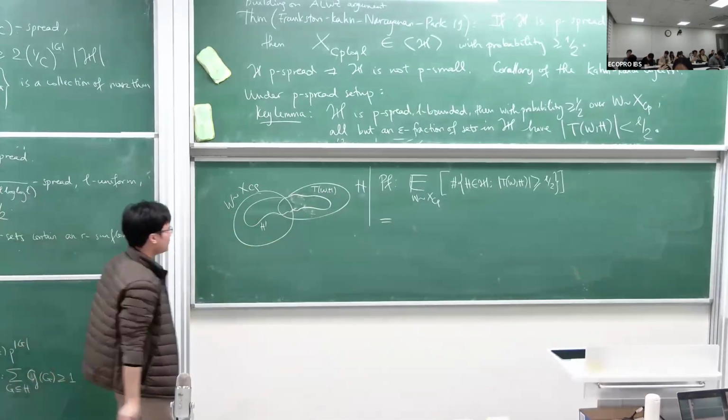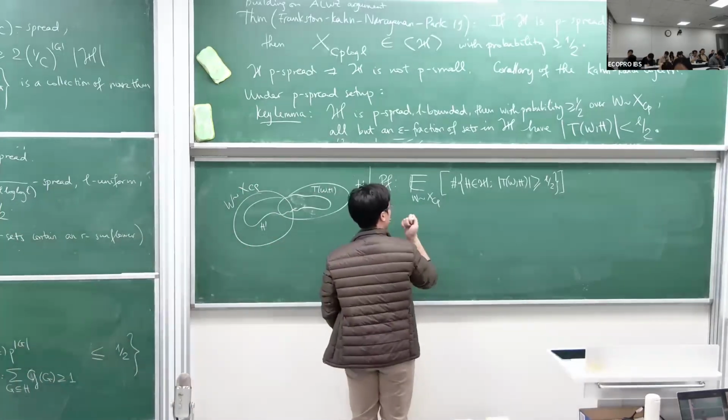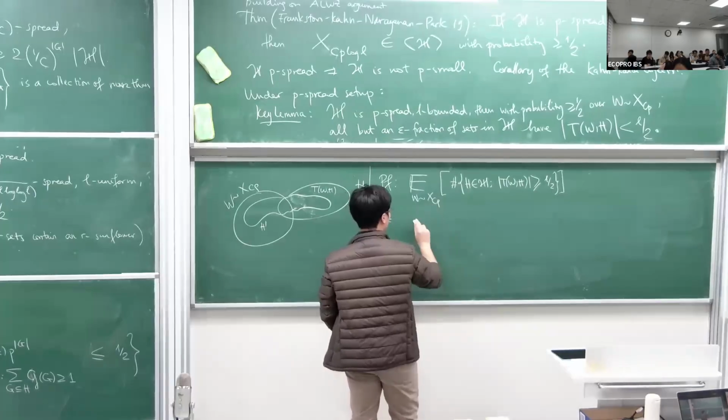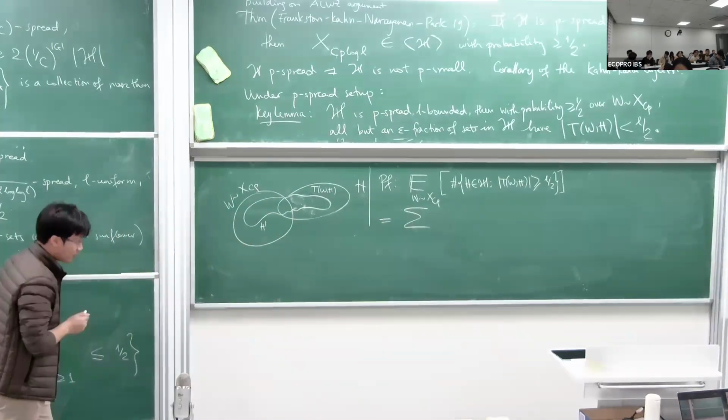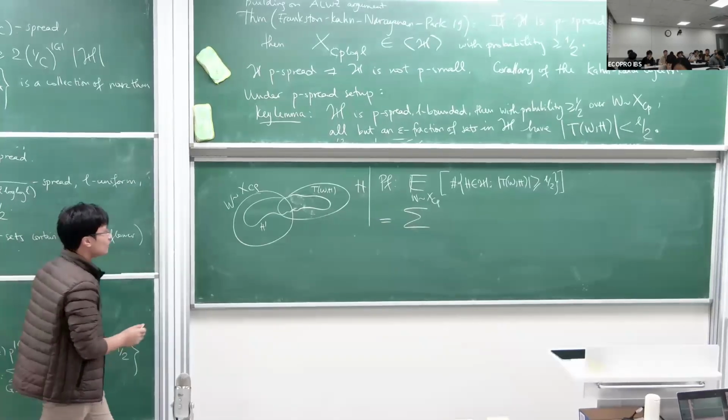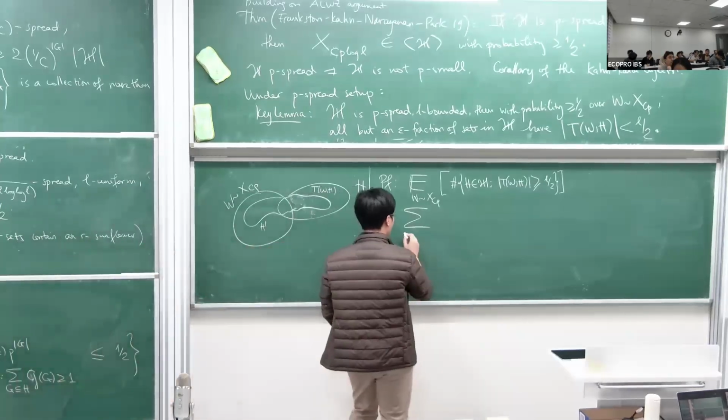Well, if you remember how we do this, I want to use the key property of the minimum fragment from yesterday's lecture. So let me do the count in the following form.